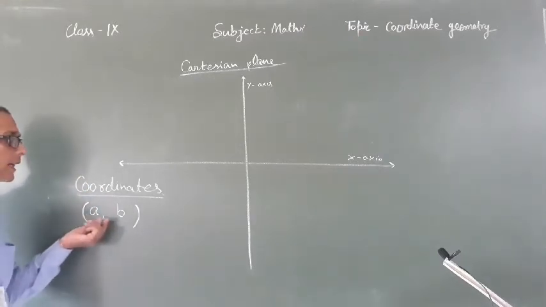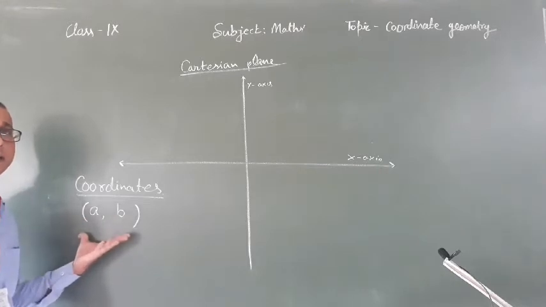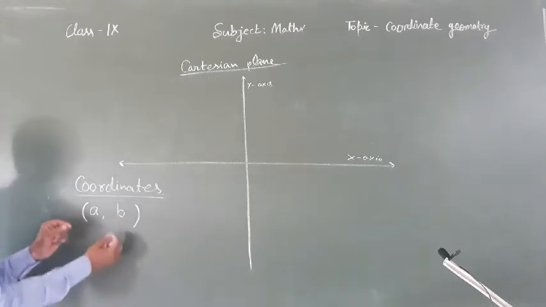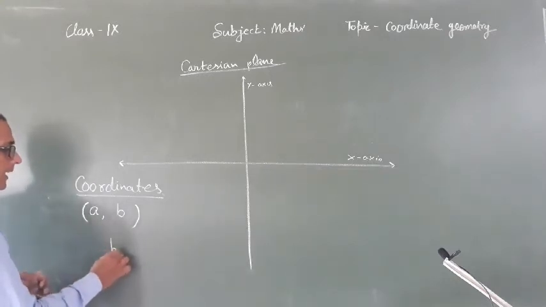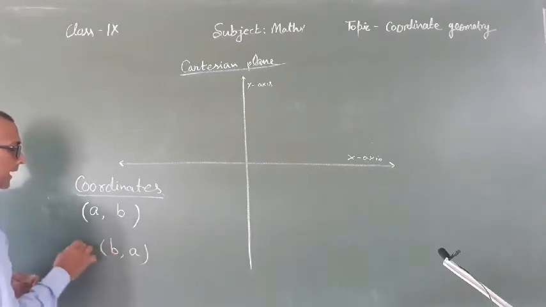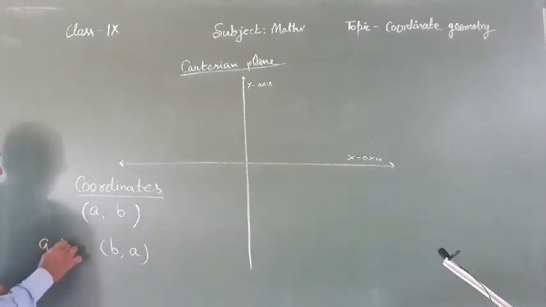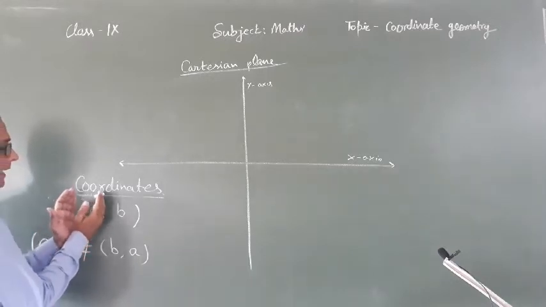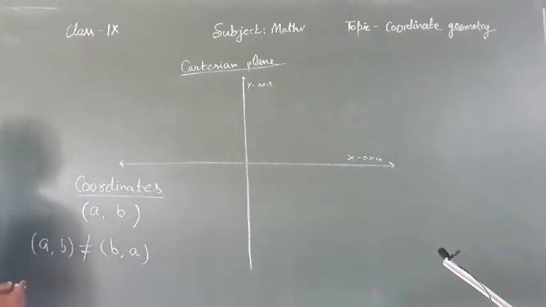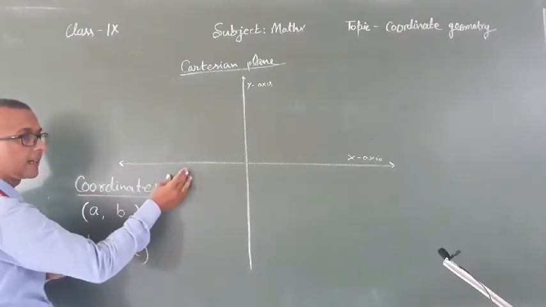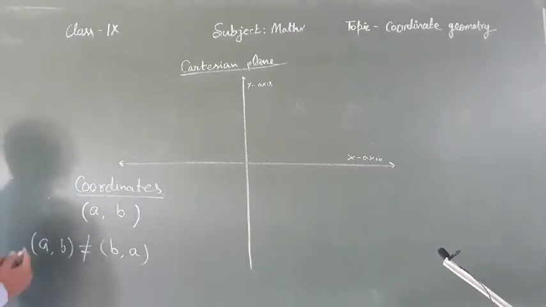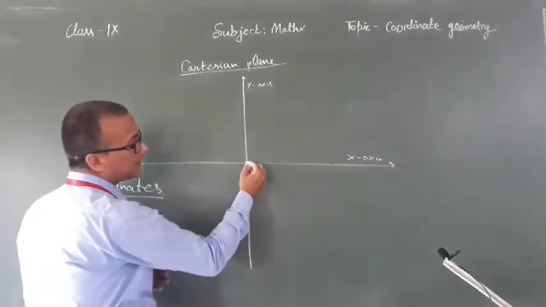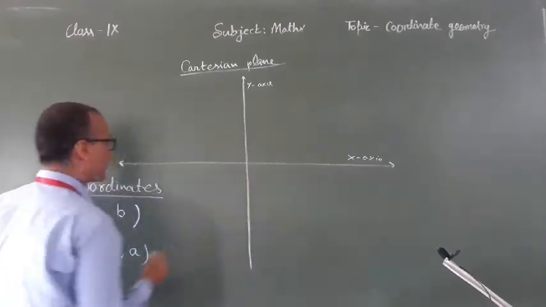This a and b are written as an ordered pair, meaning it cannot be interchanged. Meaning b, a gives another point, and (a, b) is not equal to (b, a). Because a is specific for the x-axis or abscissa and b is the specific measurement or distance from the origin on the y-axis.